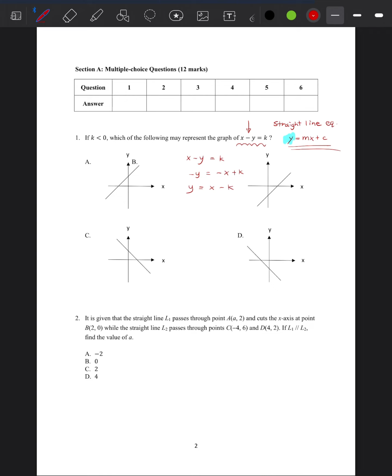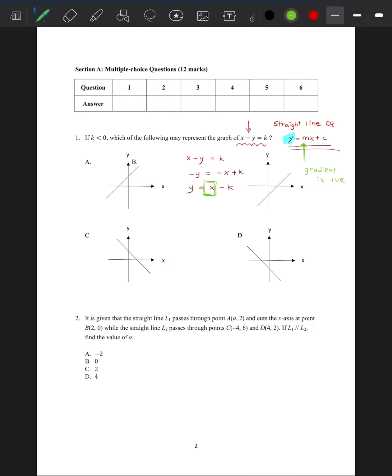So where's the m? You might ask where's the m. In this case, your gradient m has to be a value of 1 because we don't write the value of 1. So you know that your m is 1, and because it is a positive x, you know that m is a positive number. If the gradient is a positive number, it means that we're looking for a positive slope.